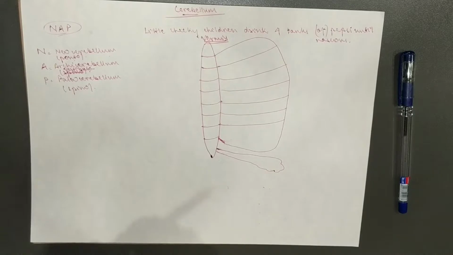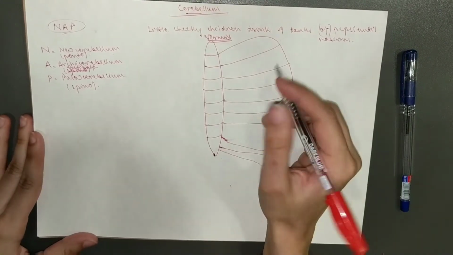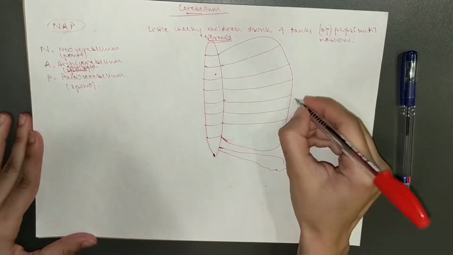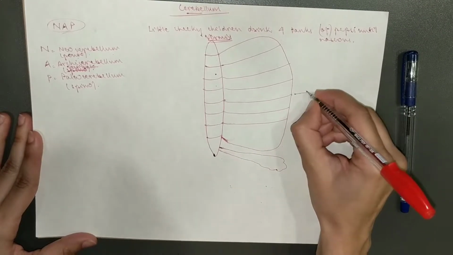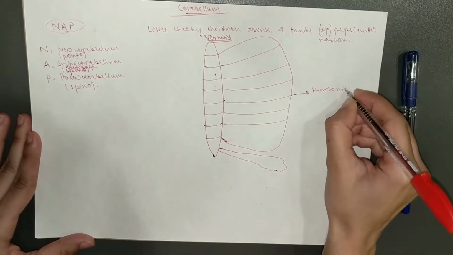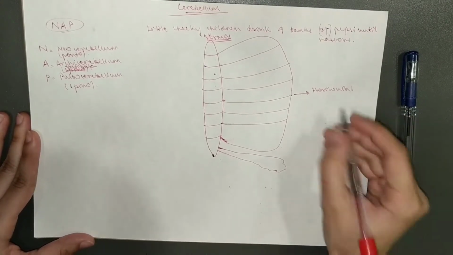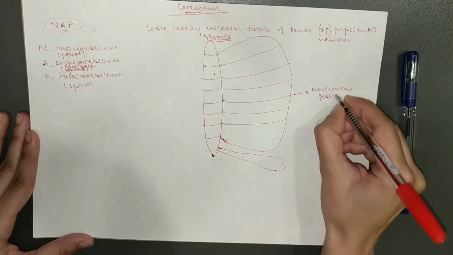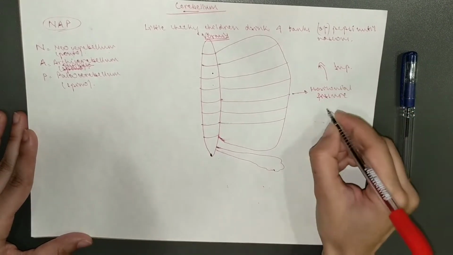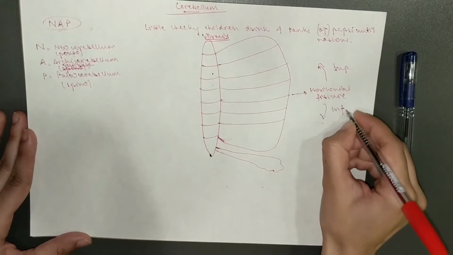We've got a few general things. After the 5th one, at this point, you've got the horizontal fissure. Above this point, you've got the superior surface, and below this point, you've got the inferior surface.